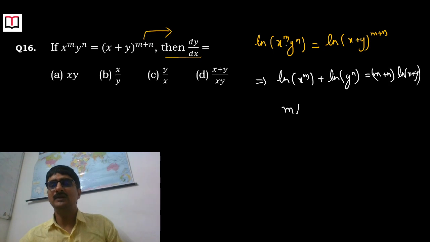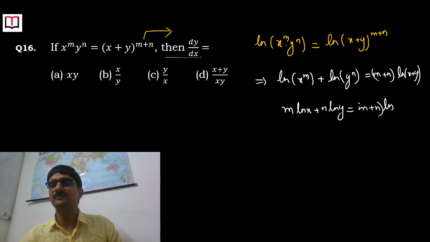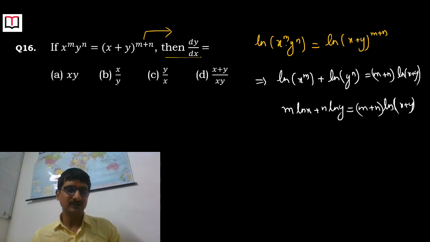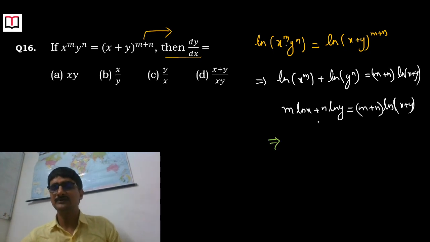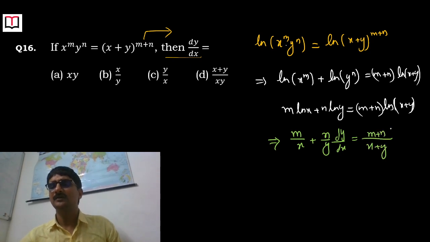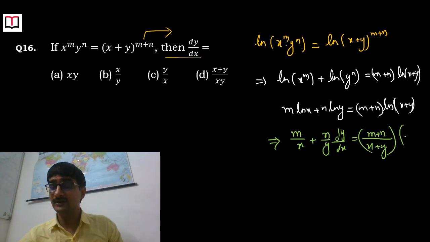So it is m ln x plus n ln y is equal to m plus n times ln of x plus y. Now if we differentiate, that's what I thought to use here. So let's differentiate. So it will be m by x plus n by y dy by dx is equal to m plus n over x plus y into derivative of x plus y, which is 1 plus dy by dx.